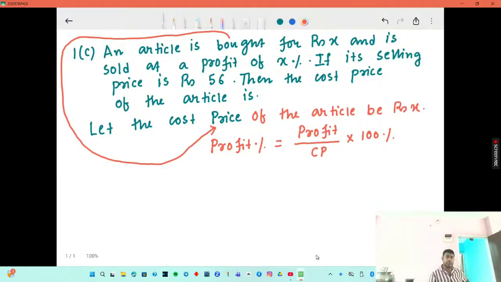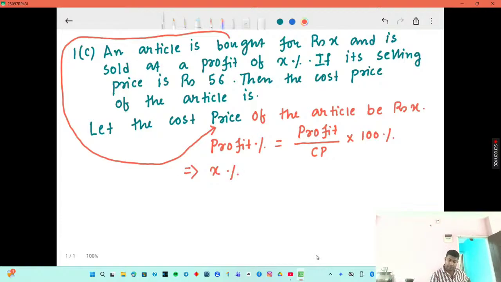So now in order to find the value of the cost price of the article, we have to just put the values in the respective position. So in this question, what is the profit percentage? The profit percentage in this question is given as X percent.